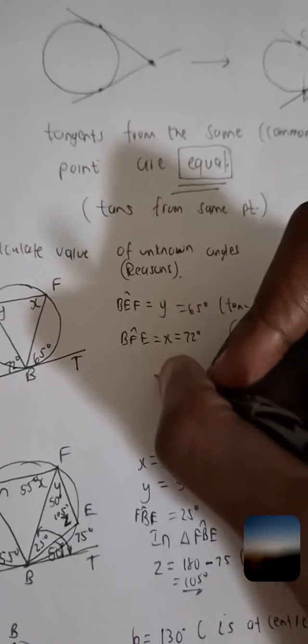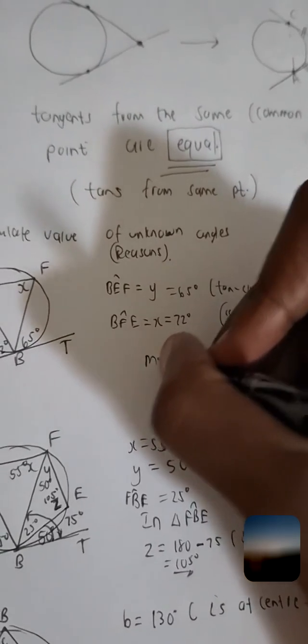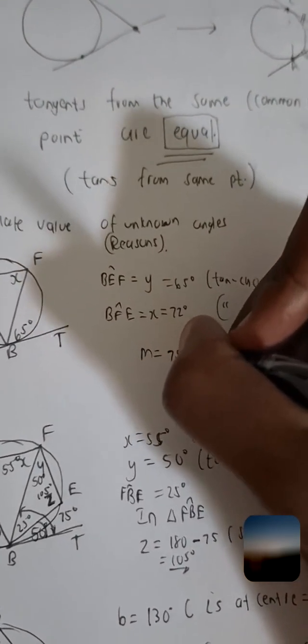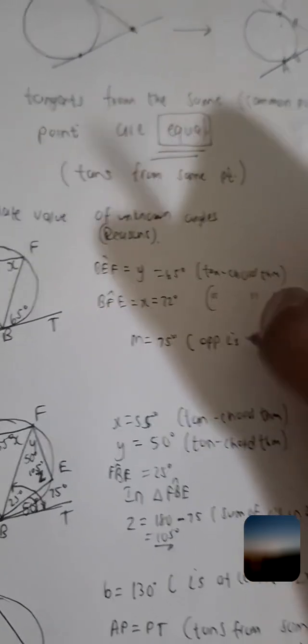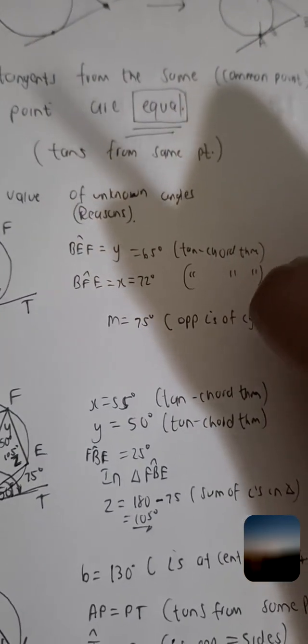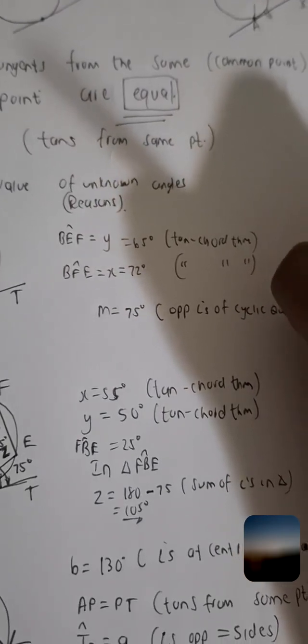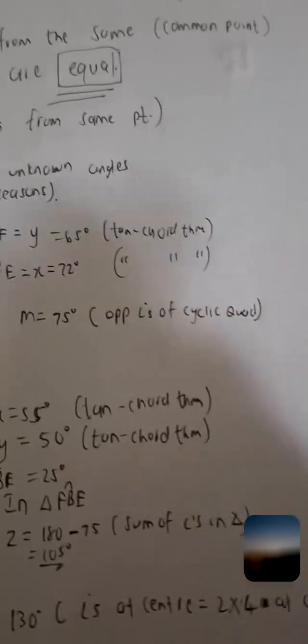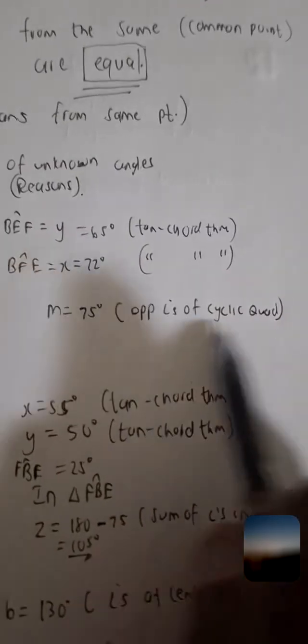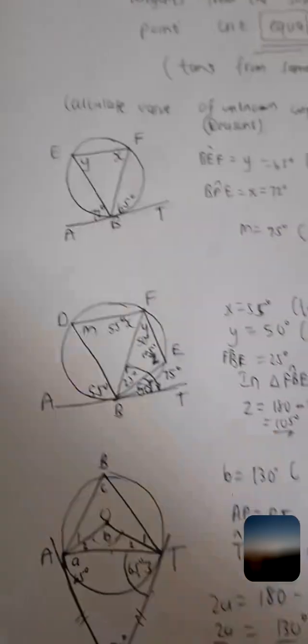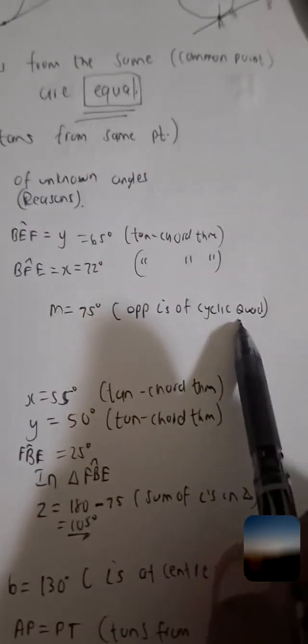So in other words, M will be equal to 75 degrees. Yes, that reason is acceptable according to the acceptable reasons document. So M is equal to 75 degrees, opposite angles of a cyclic quad.